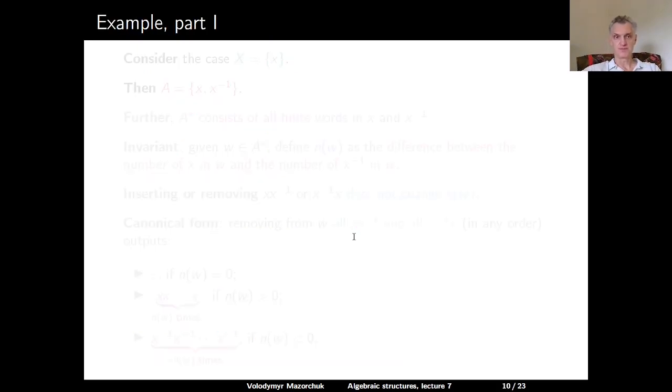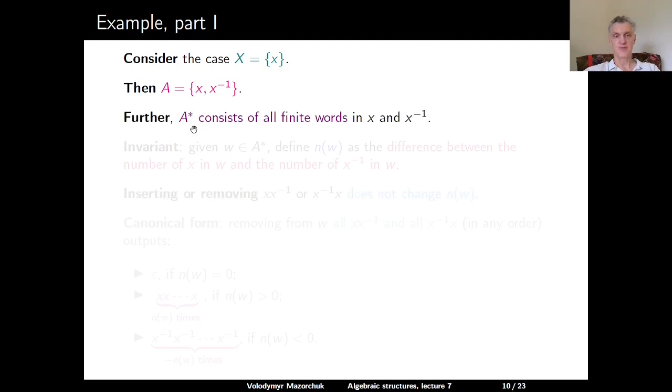Here is an example. Consider the set X, which consists of one element, little x. Then our alphabet A consists of this little x and its inverse. Further, the set of all finite words over this alphabet consists of all finite words in x and x inverse.